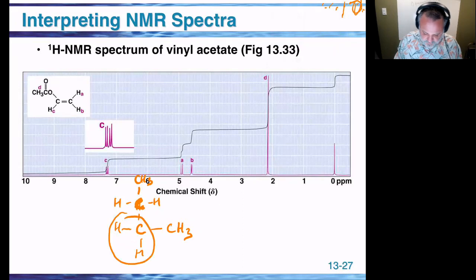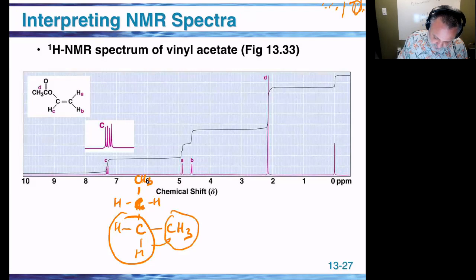What would the splitting pattern here be? Well, this is a unique set of hydrogens, but so is this one.